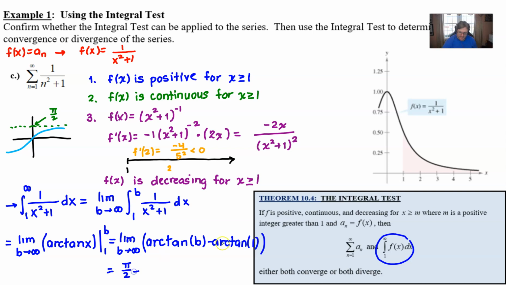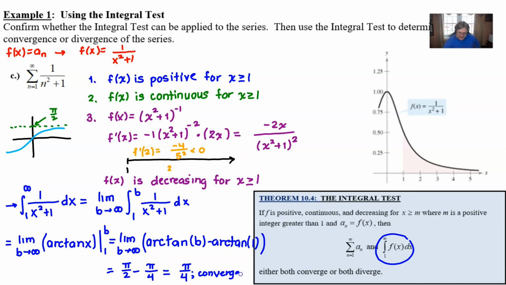And then the arctangent of 1 is just a constant that we can compute. Basically that's a 45-degree angle that gives you the tangent ratio of 1 over 1. And so pi over 2 minus pi over 4 is indeed pi over 4. Last time I checked, that is a finite number, which means that our definite integral converges.